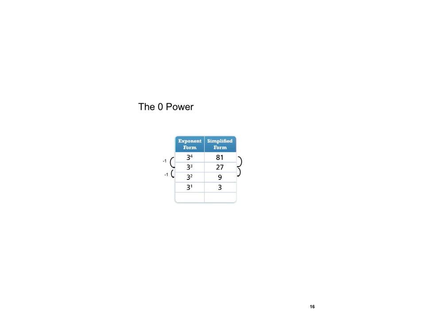So in general, this zero power, again, as you look at this, 3 to the fourth is 81, 3 cubed is 27, 3 squared is 9, 3 to the first is 3, 3 to the 0 would be 1, and we could keep going. 3 to the negative 1 would be 1 over 3, 3 to the negative 2 would be 1 over 3 squared, or 1 over 9, and you can see what happens.